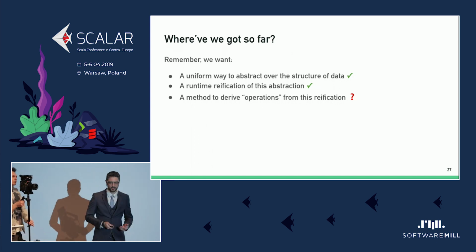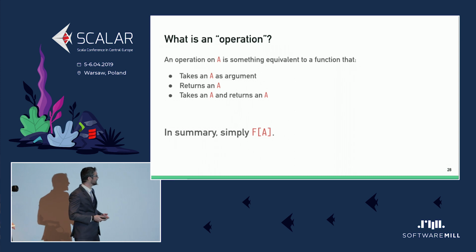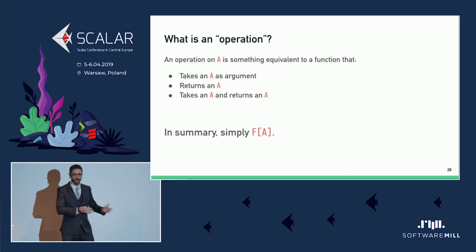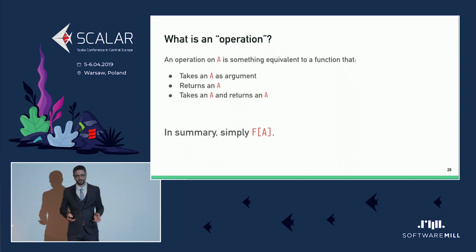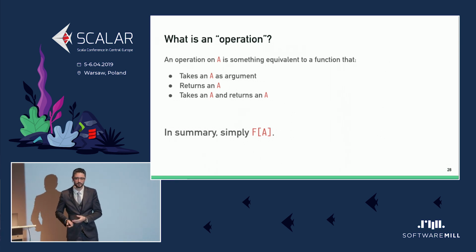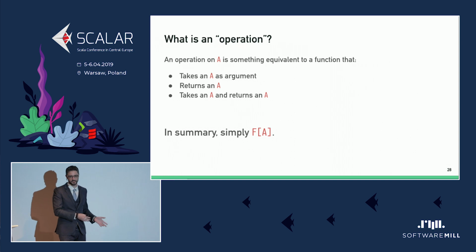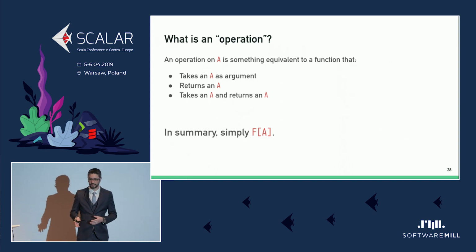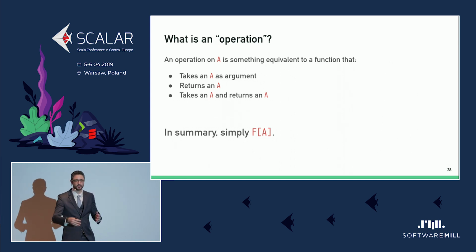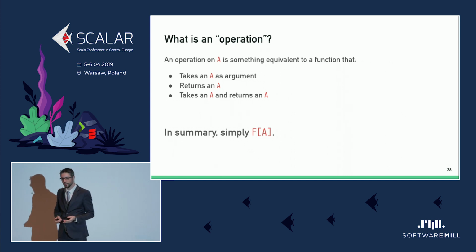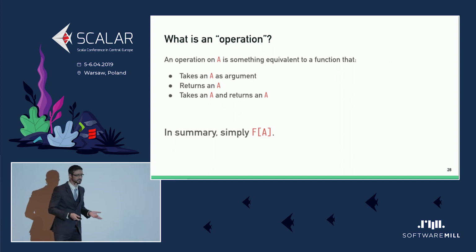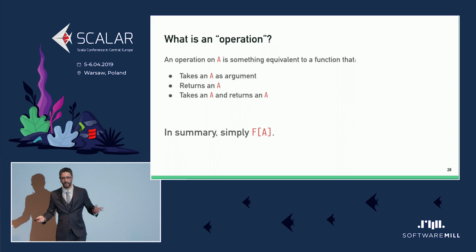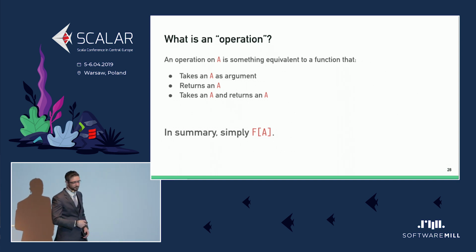What do we call operations? Simply, an operation on A is anything that resembles a function that talks about A. So a function that takes an A, or a function that returns an A, or a function that does both, right? And most of the time, instead of saying operation on A, we just say F of A.